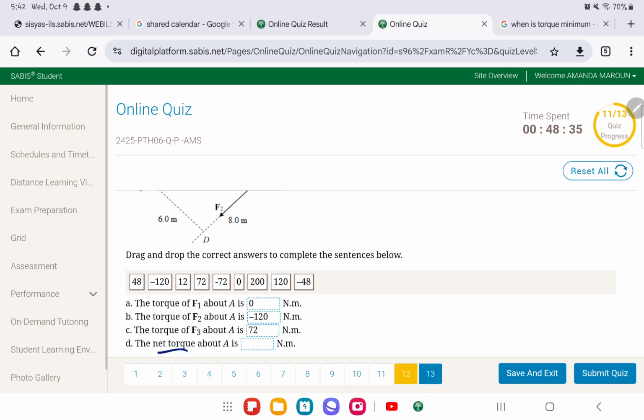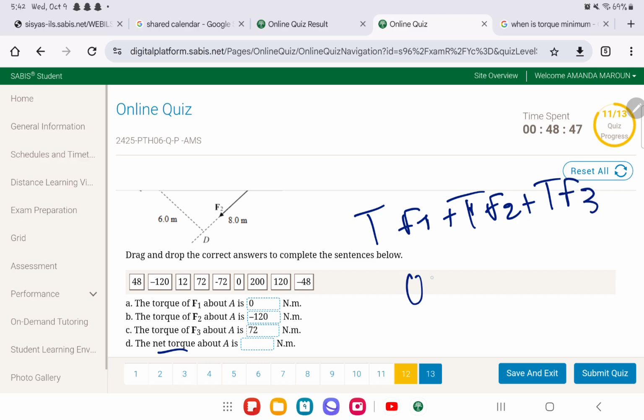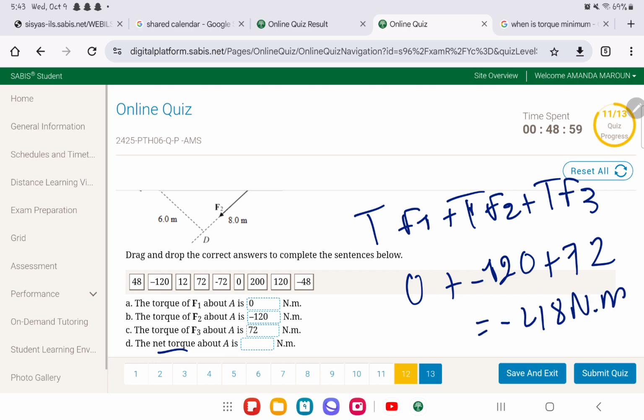Now the net torque is when you add the torque of F1 plus the torque of F2 plus the torque of F3. So it's going to be 0 plus minus 120 plus 72. And if you do it on the calculator, you are going to get negative 48 newton per meter.